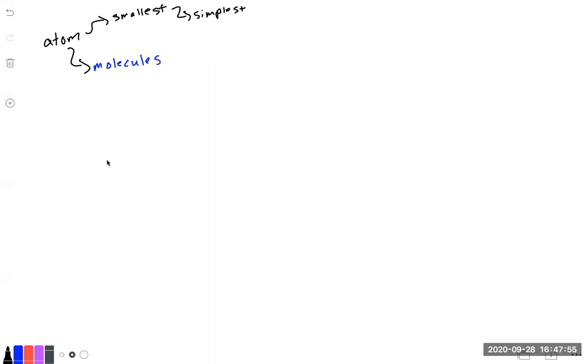And these molecules could be, say, carbon dioxide or oxygen gas. And oxygen gas would just be two oxygen atoms coming together.